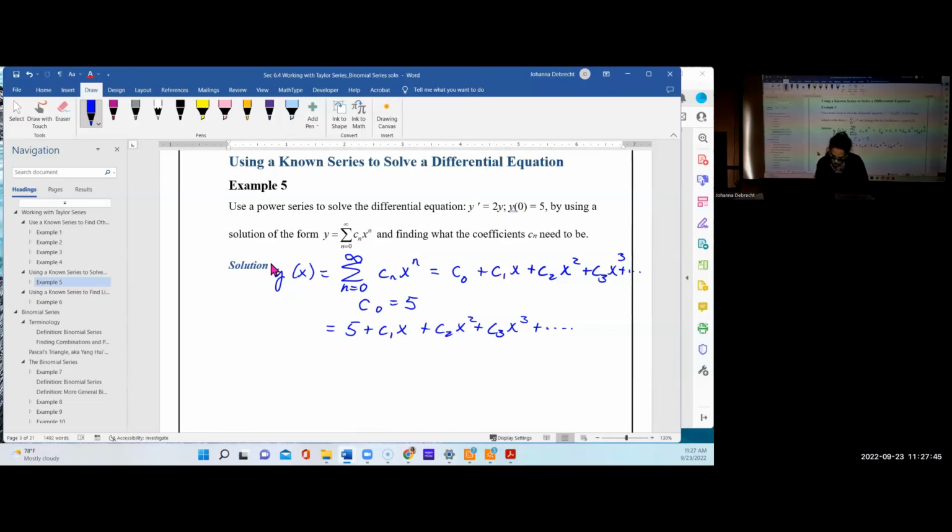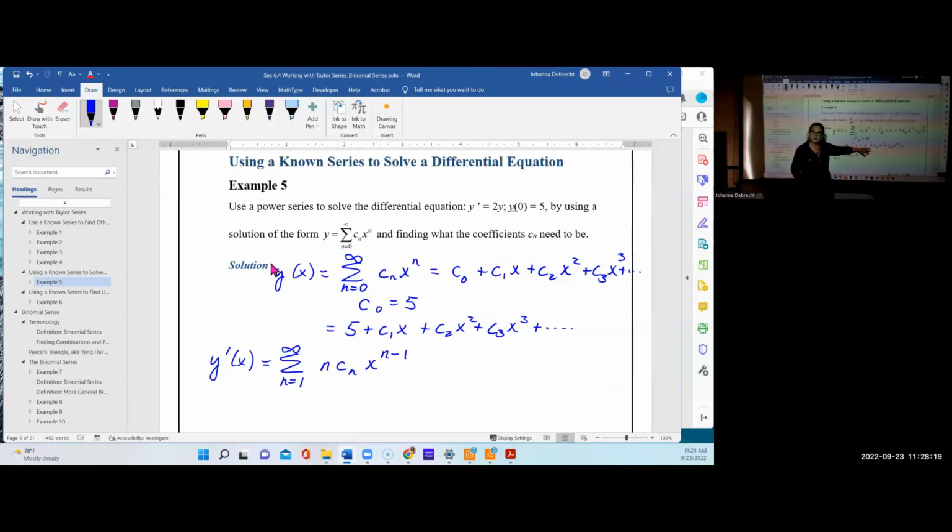So if I want to write down what y prime of x is going to be, this is going to be the sum from n equals 1 to infinity of n c sub n x to the n minus 1. All right. So I'm taking the derivative of this with respect to x. I pulled the power to the front, reduced the power by 1, but my first term zeroed out. So I no longer start at 0, I start now at 1.